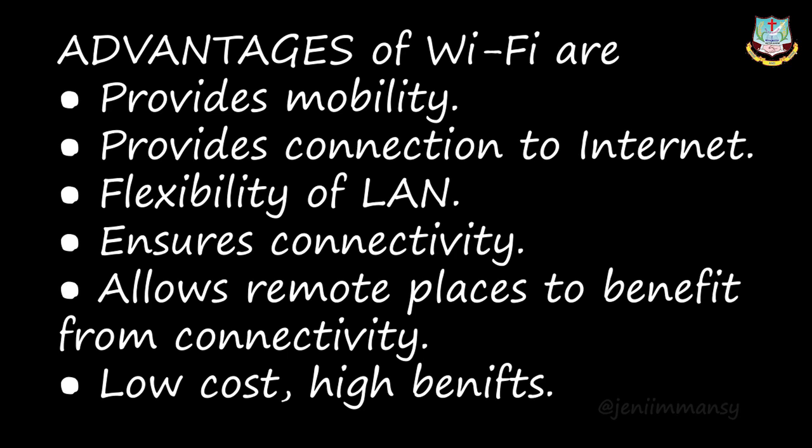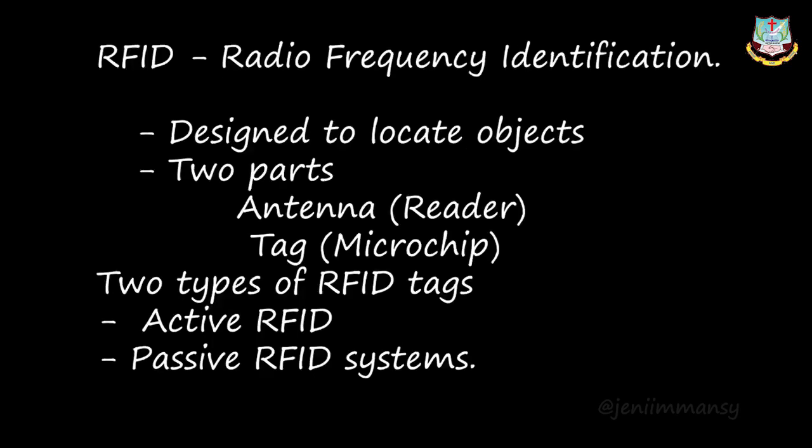Wi-Fi is wireless fidelity. The next one we are going to see is RFID. The expansion of RFID is radio frequency identification: RF stands for radio frequency and ID stands for identification.